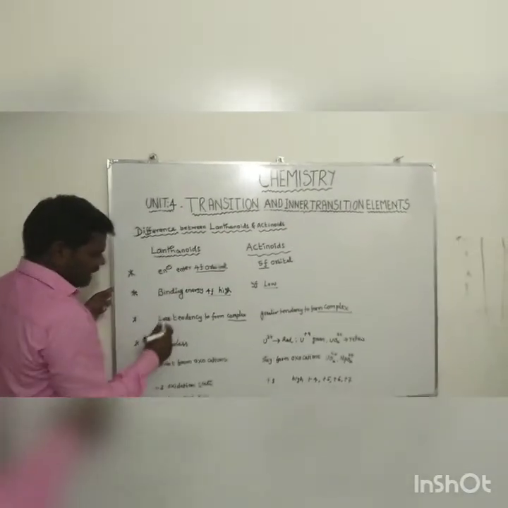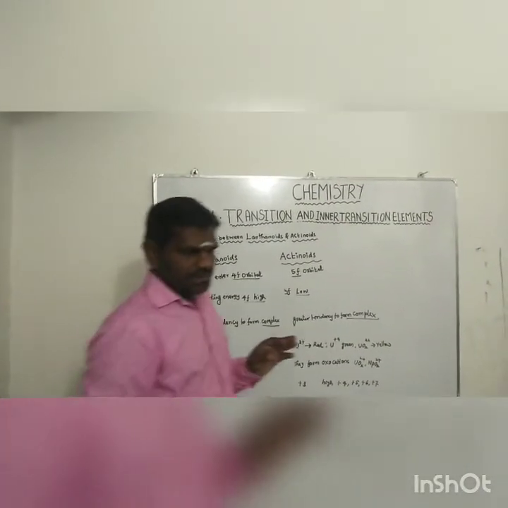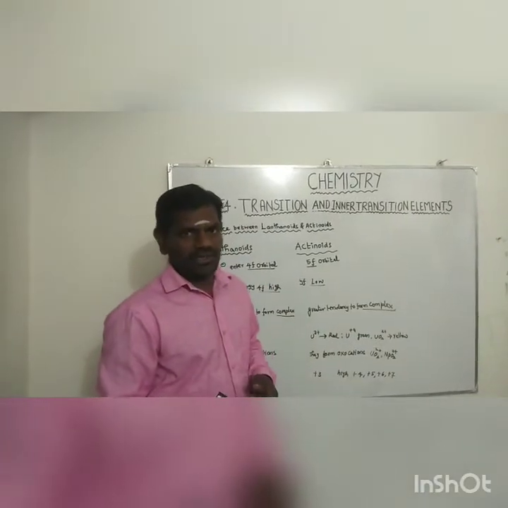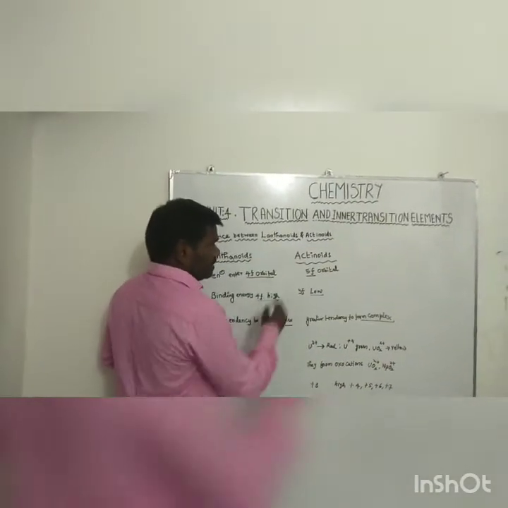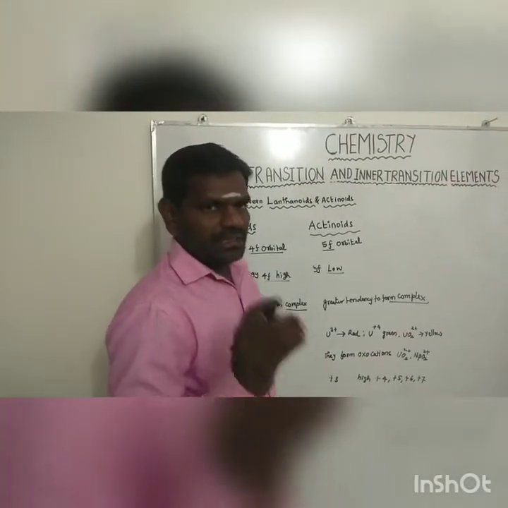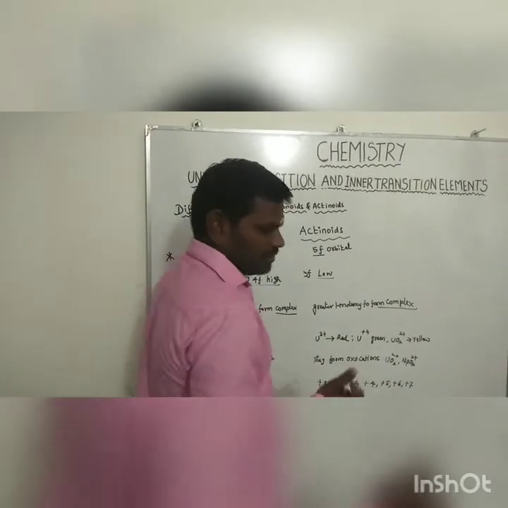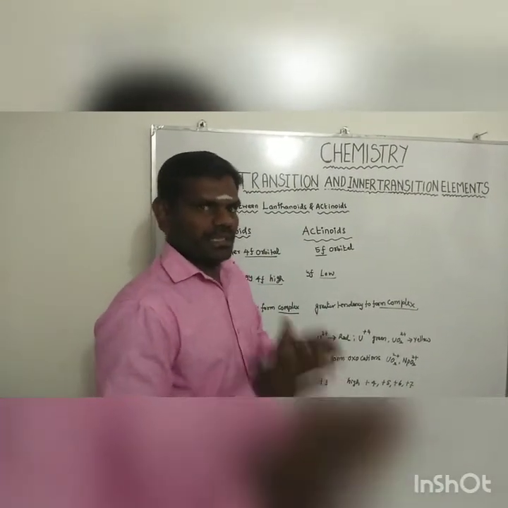Most of the lanthanides are colorless. Colorless means paired electrons in the outermost shell. Actinides all exhibit colors. Colors mean unpaired electrons are possible.